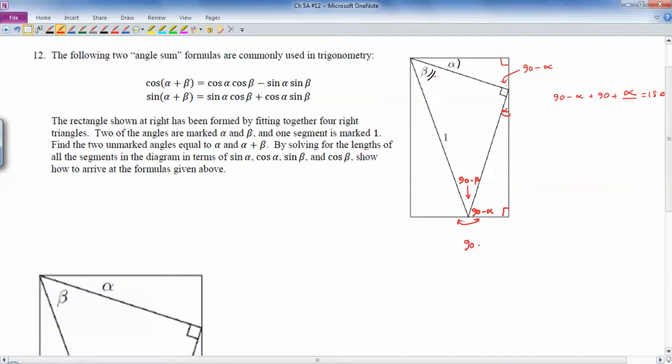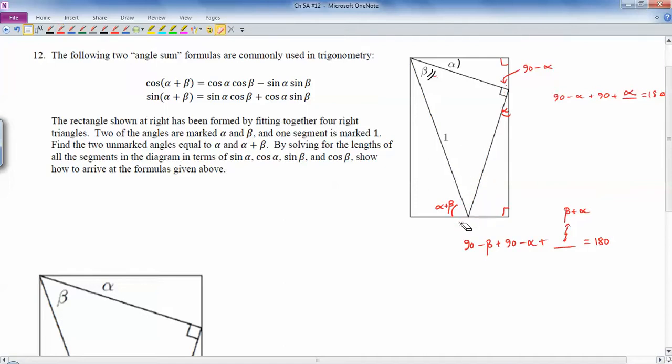So I got 90 minus beta plus 90 minus alpha plus something has to be 180. And the only way that happens is if the something here is beta plus alpha, or alpha plus beta. So that's this angle right here, alpha plus beta. Okay. And it turns out that's all we need to do the rest of this problem.